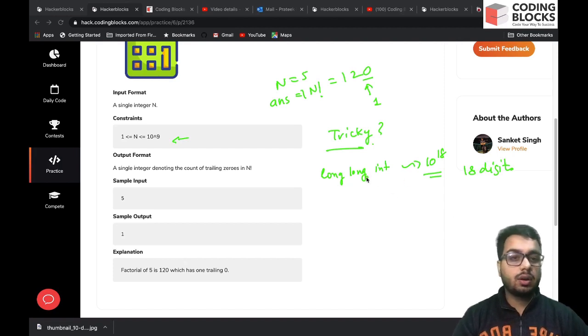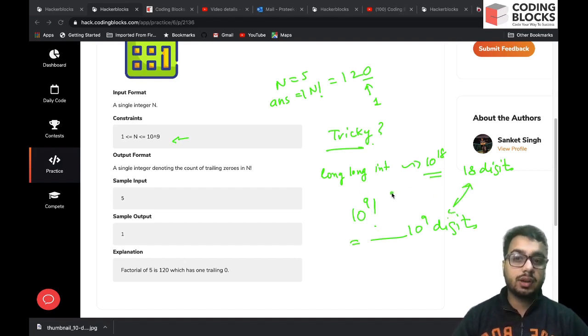And this is something we cannot do with 10 raised to the power 9 factorial. That would clearly mean at least 10 raised to the power 9 digits. So this number of digits we cannot store in a long int, so we cannot compute the factorial.